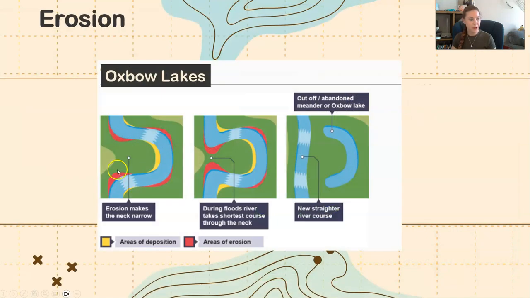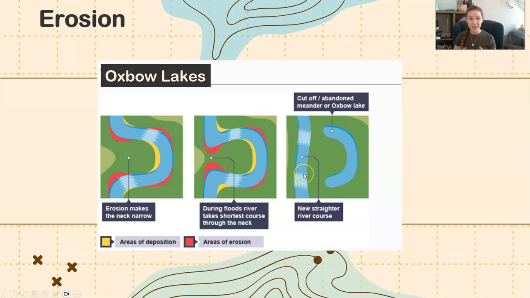Now, when it chips away at each turn, all of that sediment that is broken off and moved has to go somewhere. And usually it doesn't fall too far away. It can start filling in these areas here and building up. Over time, we've chipped away further at this elbow, and we've chipped away further here, and eventually these two things are going to collide and create one straight river.